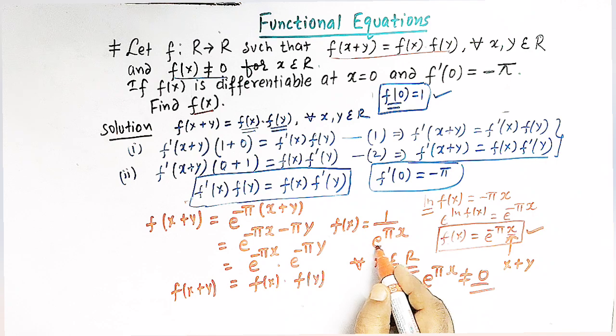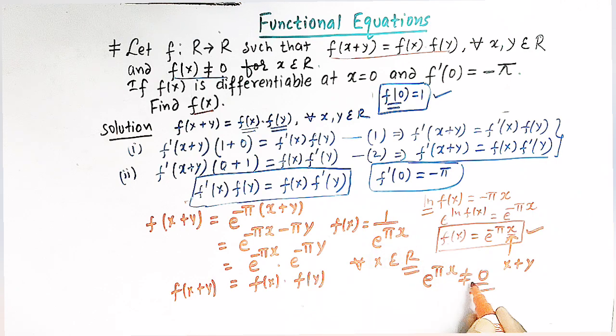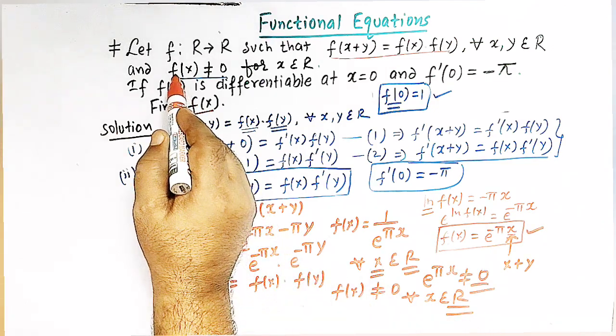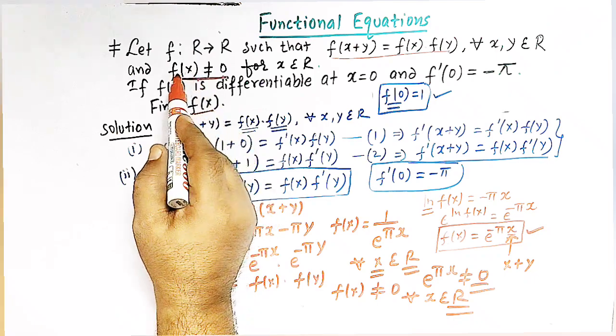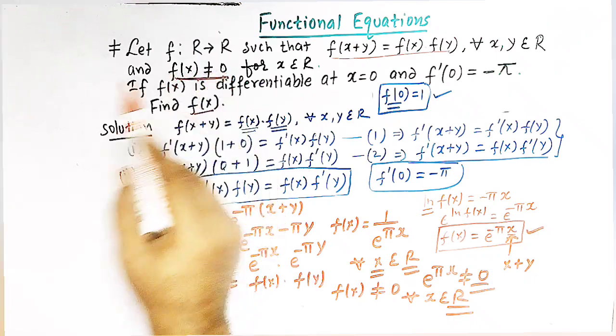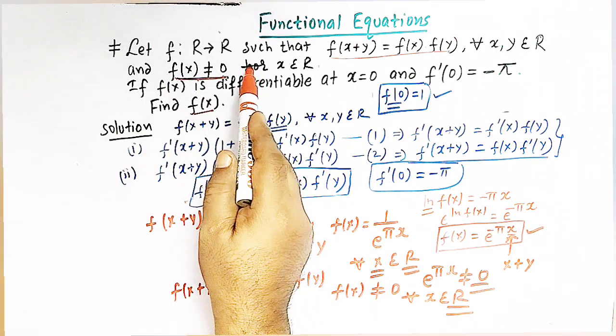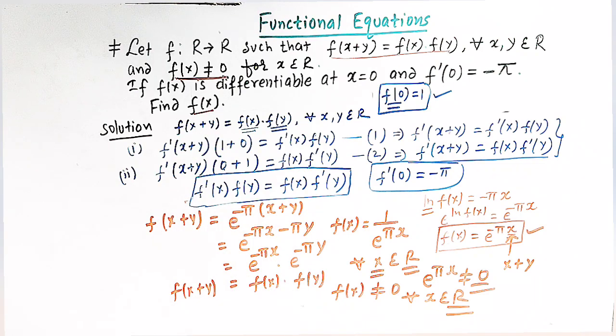So e raised to pi x is never equal to 0 for all x belonging to the set of real numbers. Hence f of x is not equal to 0 for all x belonging to the set of real numbers, and this is our given condition, that is f of x is not equal to 0 for any x belonging to R.